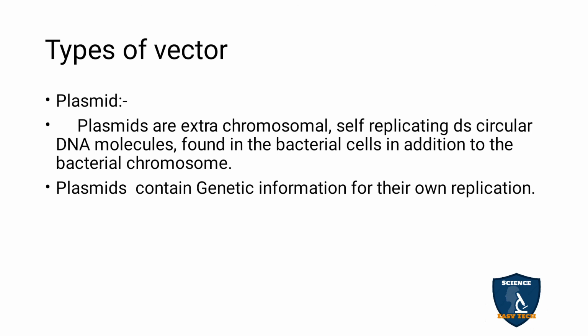The plasmid contains genetic information for its own replication. It has a separate DNA and it is able to replicate by its own. It is seen in the bacterial cell as an additional one, because bacteria has the bacterial chromosome also.